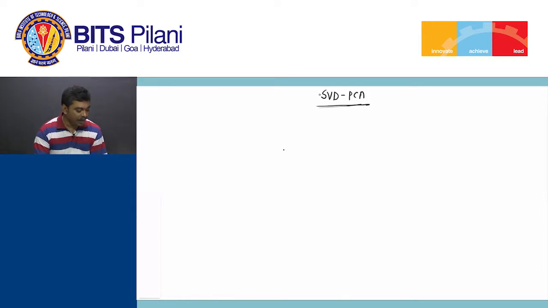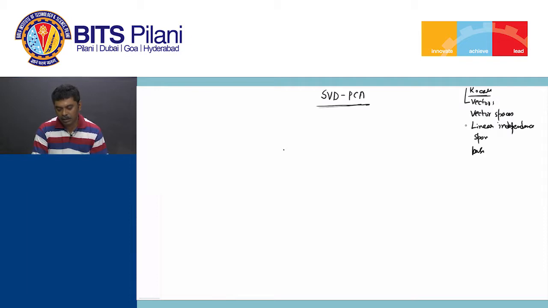First we will talk about SVD and then introduce PCA as a special case of SVD. Some of the things that we need are vectors, vector spaces, linear independence, span, basis, eigenvalues, and eigenvectors.